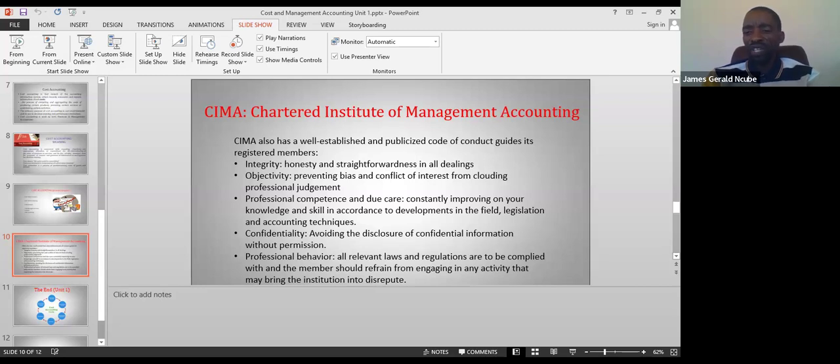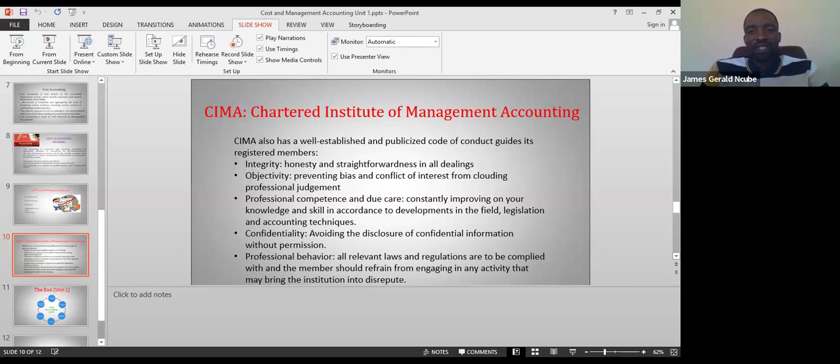So you notice that for management accounting, there is an institute that governs the operation of all management accountants. They must subscribe to that. There must be registered members in order for them to be recognized as management accountants. So CIMA has a well-established code of conduct, which must be adhered to by all registered members.